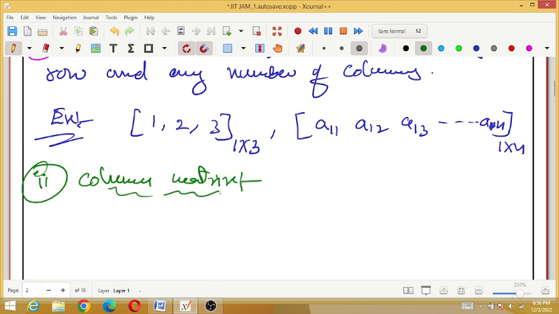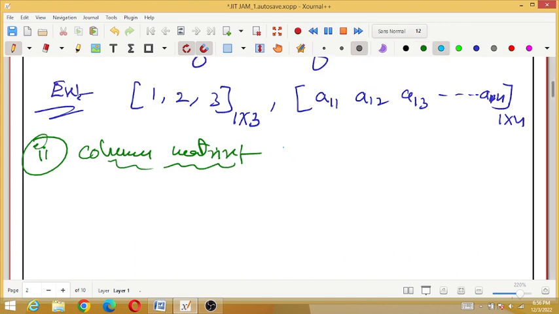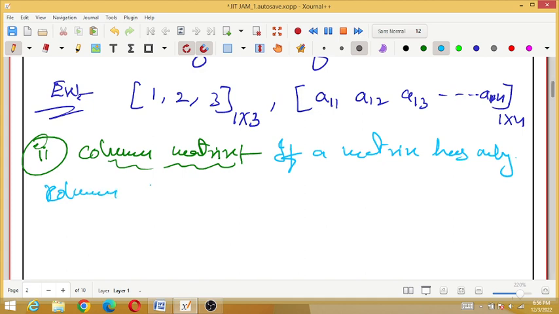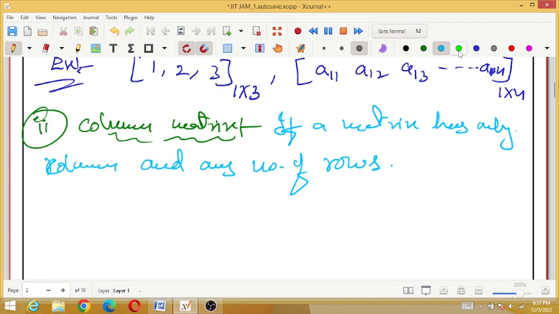If a matrix has only one column and any number of rows, it is called a column matrix.